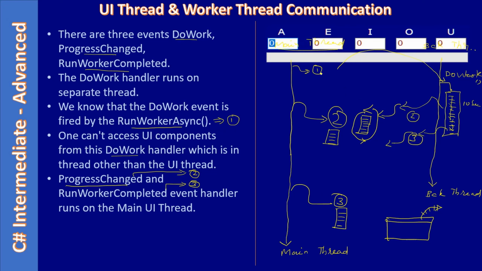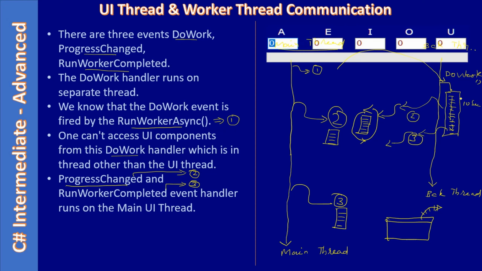The main UI thread never gets disturbed. So you can move your window and at the same time see the content get updated. That's the advantage of the background worker component.